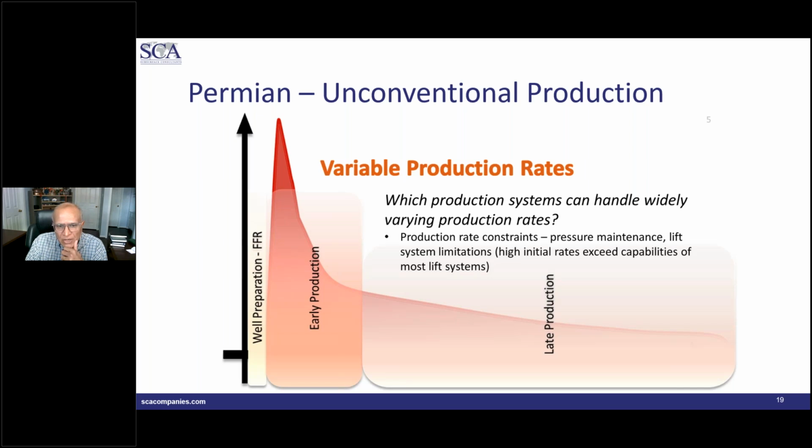We have to consider pressure maintenance requirements, lift system limitations, etc. This is where gas lift really shines, and that's what operators are realizing.